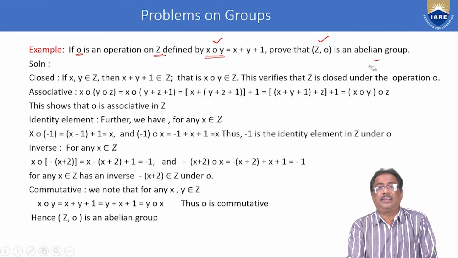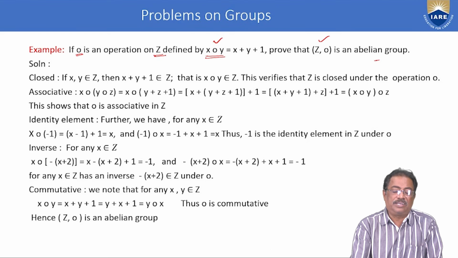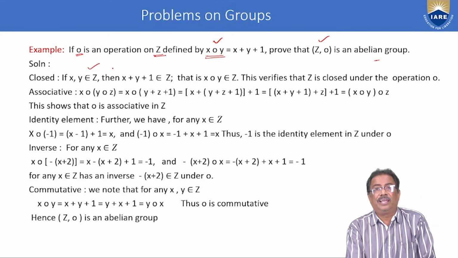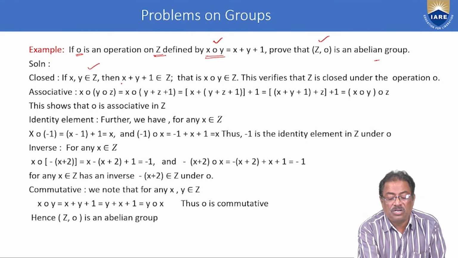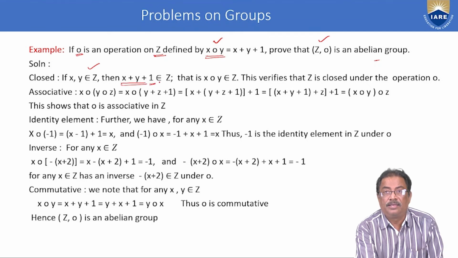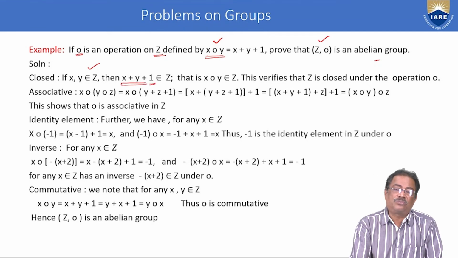Z is the integer set. Now let us go for this. If X, Y belong to the integers, then the addition of two integers is again an integer. If I add 1, it is also an integer.